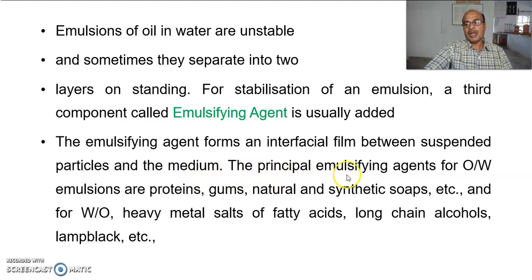The principal emulsifying agents for oil in water type emulsions are proteins, gums, natural and synthetic soaps, etc. Actually these synthetic soaps are the best examples for the emulsifying agents. And for water in oil type emulsions, we have heavy metal salts, fatty acids, long chain alcohols, lamp black, etc. Thank you.